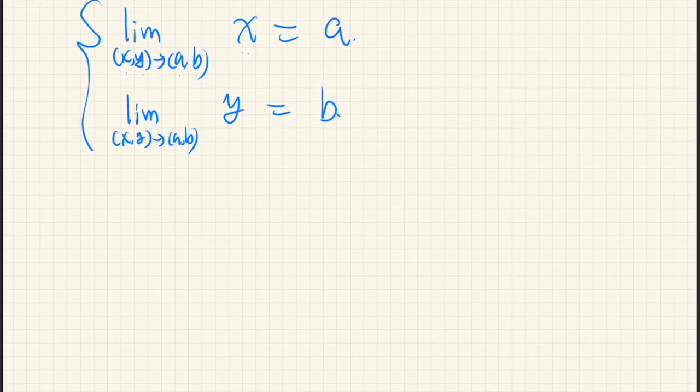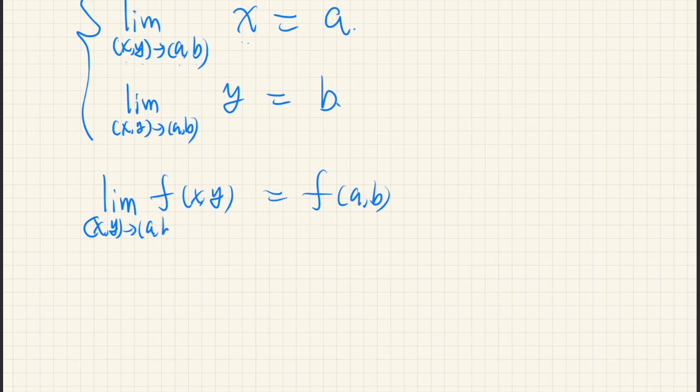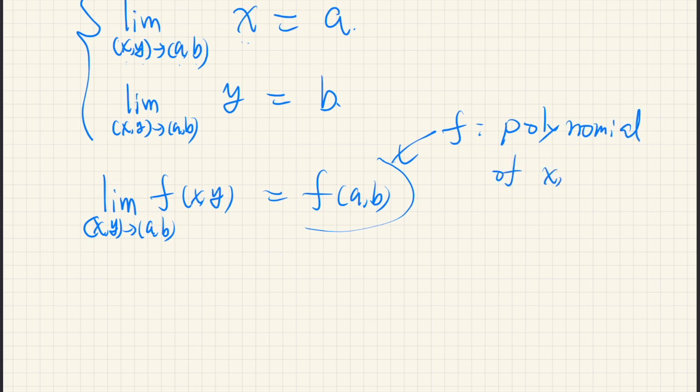So, for example, from this, we can see that any polynomial functions of x and y converge to f of a, b. Okay, so in this case, f is a polynomial of x and y.